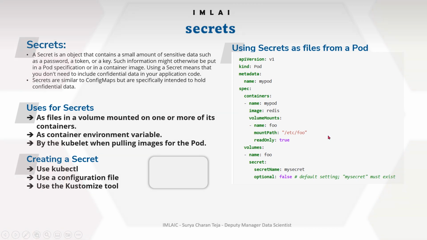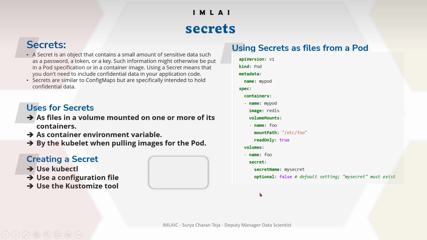So the secret name should be the same as the secret that you have created before. This is very important, the matching. This pattern matching is pretty important. Now this is an example of a pod that mounts a secret named mysecret. You can see that.